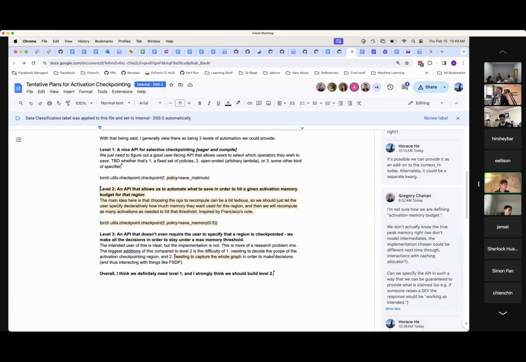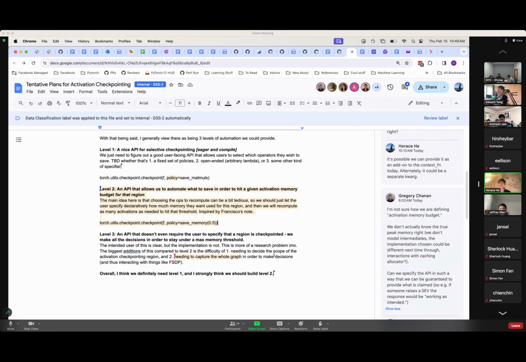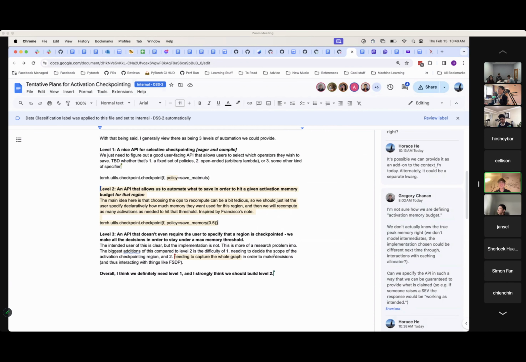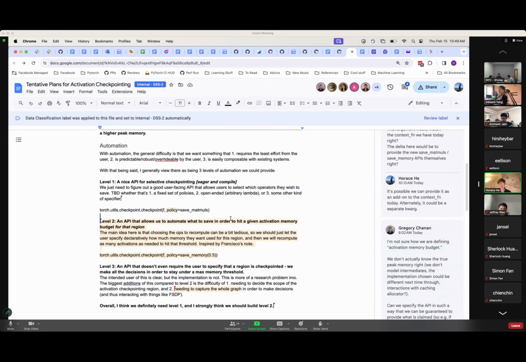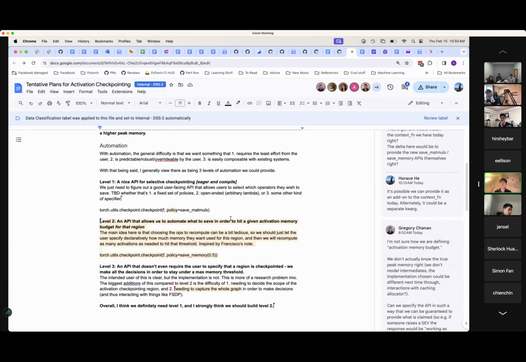Part of the discussion on this API relates to the level 2 API. The initial discussion was that today, Torch compile does not work over activation checkpointing if there's a graph break within the activation checkpointing region.